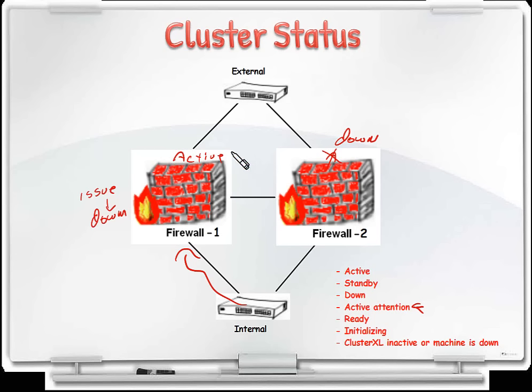And so to prevent a full network outage, instead of going into a down state, he goes into active attention state. And this, in essence, notifies the administrator that there is an issue with this cluster, not to rely on this cluster, and so he needs to address whatever issues were on the other systems. And when those systems come up into active state, the active attention machine will eventually go down into a down state, and then the administrator needs to rectify and resolve the issues on that system.